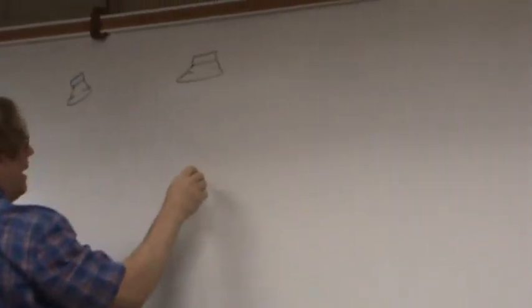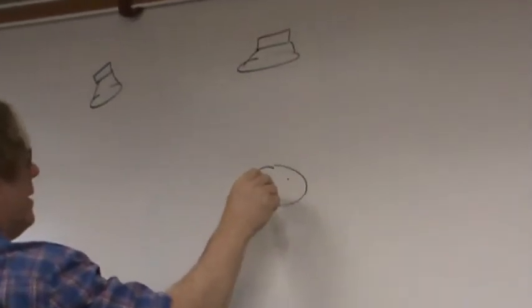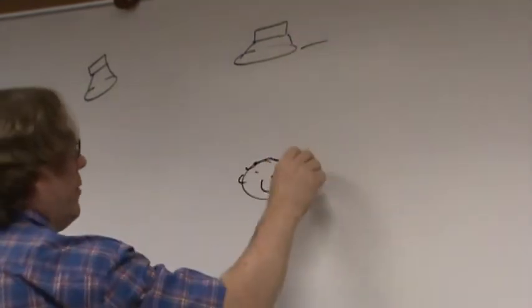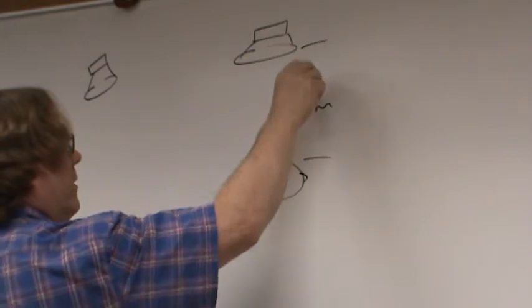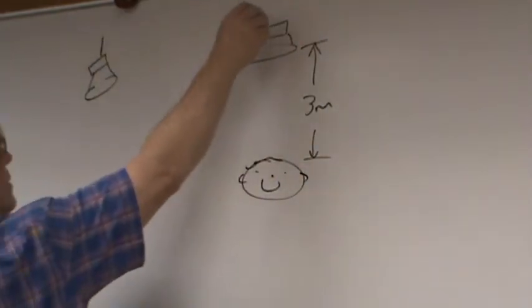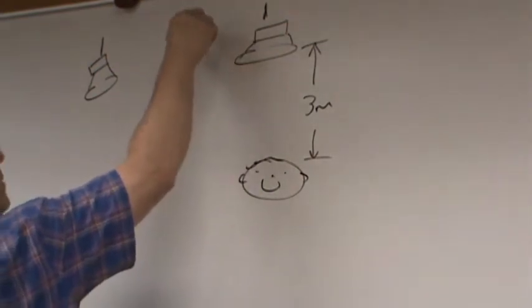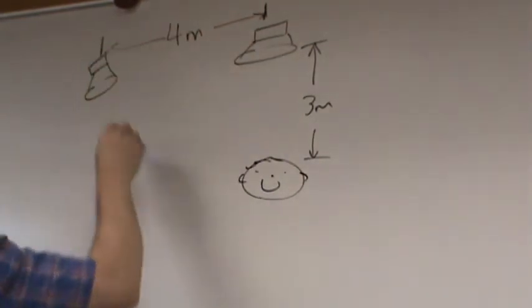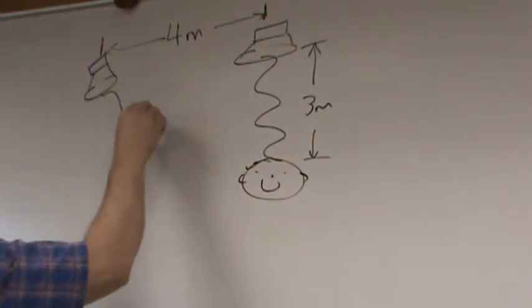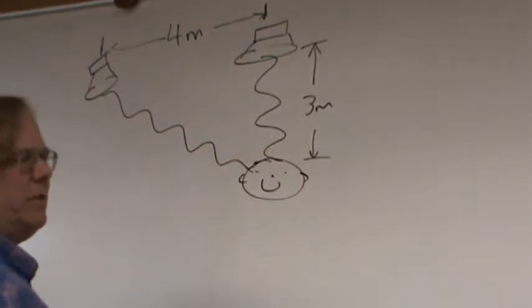I got 2 speakers and 1 dude listening. The distance between this speaker and the dude is 3 meters. The distance between these 2 speakers is 4 meters. Both speakers are giving out sound that he's hearing. Identical tone.